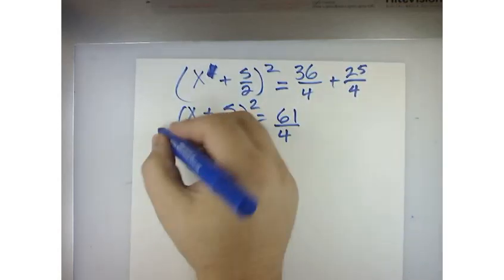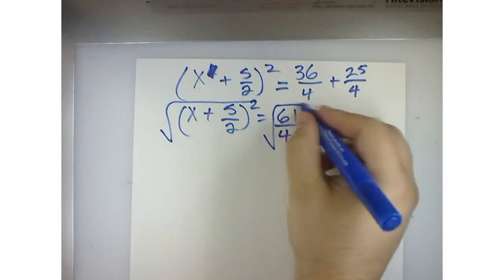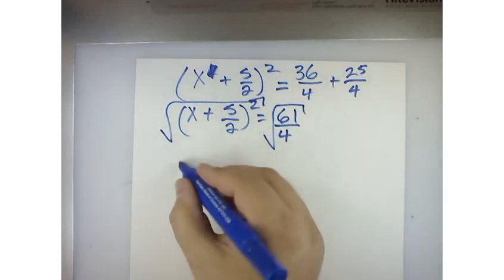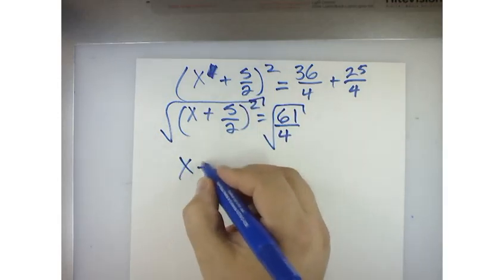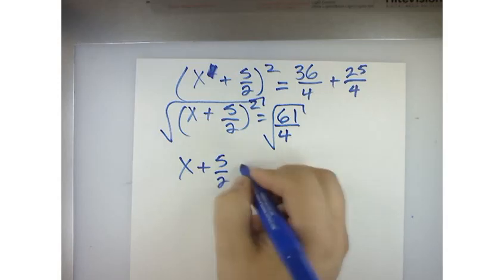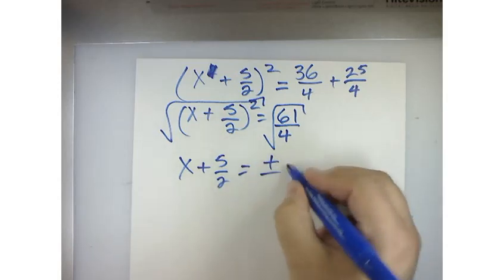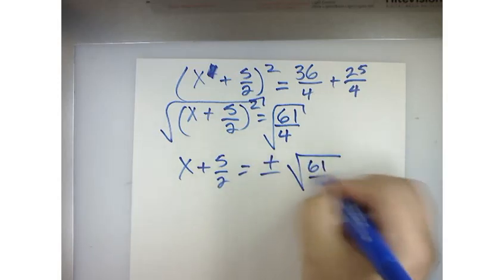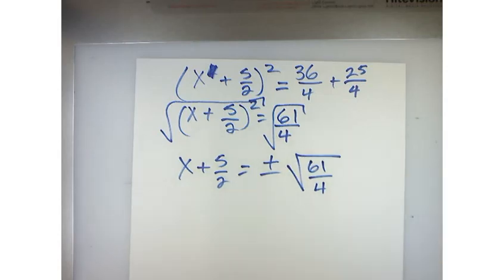So now what we're going to do is take the square root of both sides. So over here I'm going to get x plus 5 over 2 is equal to plus or minus the square root of 61 over 4. What problem was that? 14?